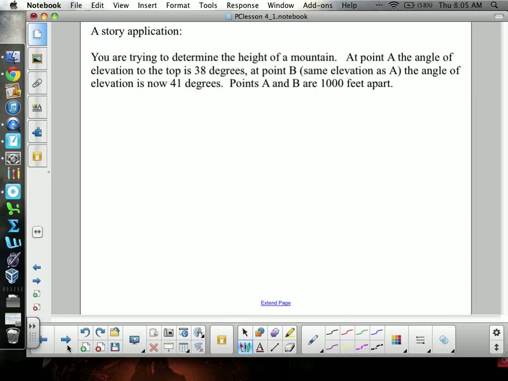You're trying to determine the height of a mountain. From point A, the angle of elevation is 38 degrees. Okay? So I got some mountain over here. There it is. It's the Matterhorn.